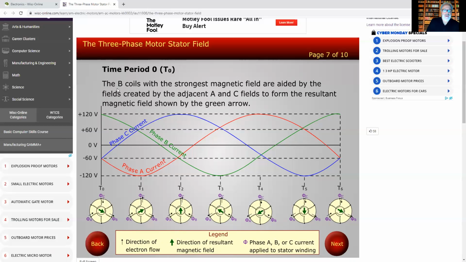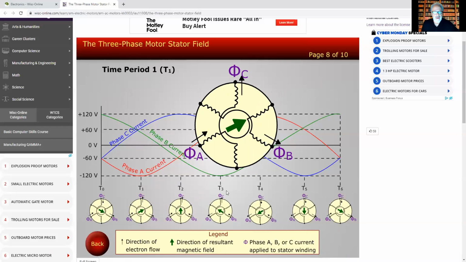At time period 0, the B coils with the strongest magnetic field are aided by the fields created by adjacent A and C fields to form the resultant magnetic field shown with the green arrow. Overall there is a dominant magnetic field with a particular direction comprised of the contributions from phase B, C, and A, and this is how we develop that rotating magnetic field.